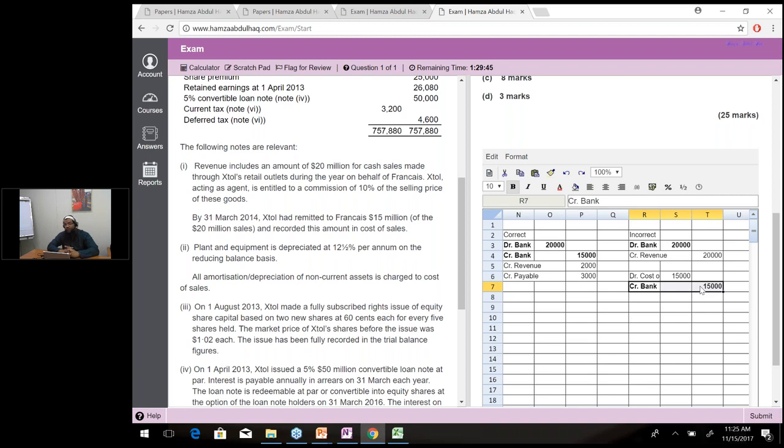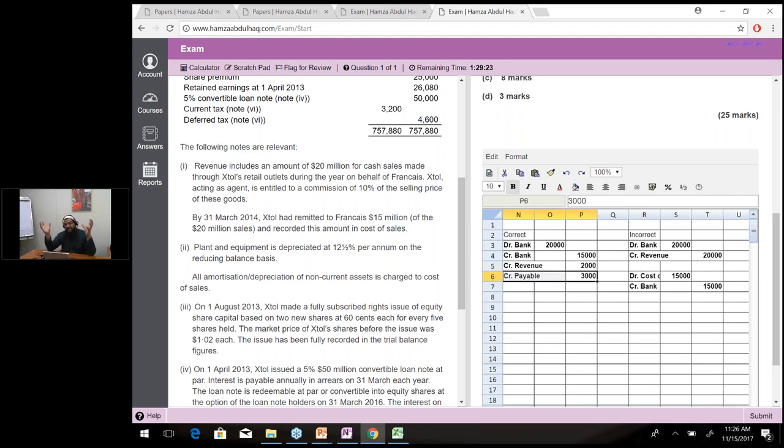So we are not required to do anything with the bank. What is the problem? The question has recorded revenue of 20, although we should have recorded 2. So we have reduced the revenue by 18, corrected this. We have corrected this revenue, and then the cost of sales have been recorded. So we have actually reversed this, corrected this, and then we have recorded the payable of 3.